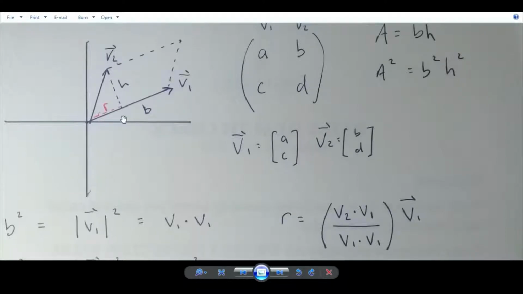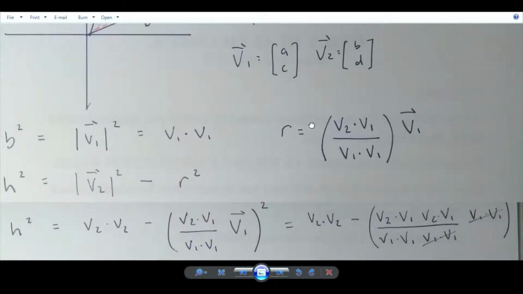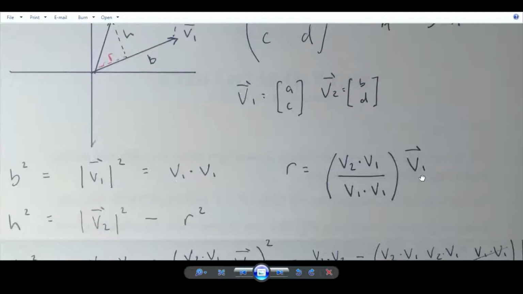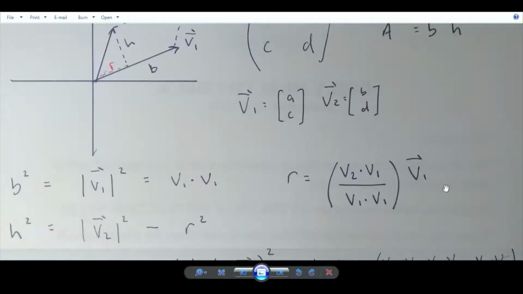We wanted to know the value of that vector there. And what we discovered was it was v2 dot v1 over v1 dotted with itself. This gives us a scalar, which will be multiplied by vector 1, the vector we were projecting onto. So what I want to do today is look at where this comes from.